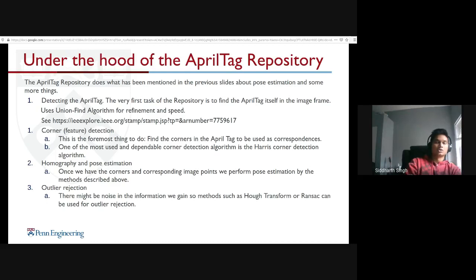Essentially, what RANSAC does is that it finds the points which are closest to the best fit line. What Hough transform does is that it draws lines through all the points, and then it does some computations to find the bands in which all the points lie. Matt, if you're around, you might.